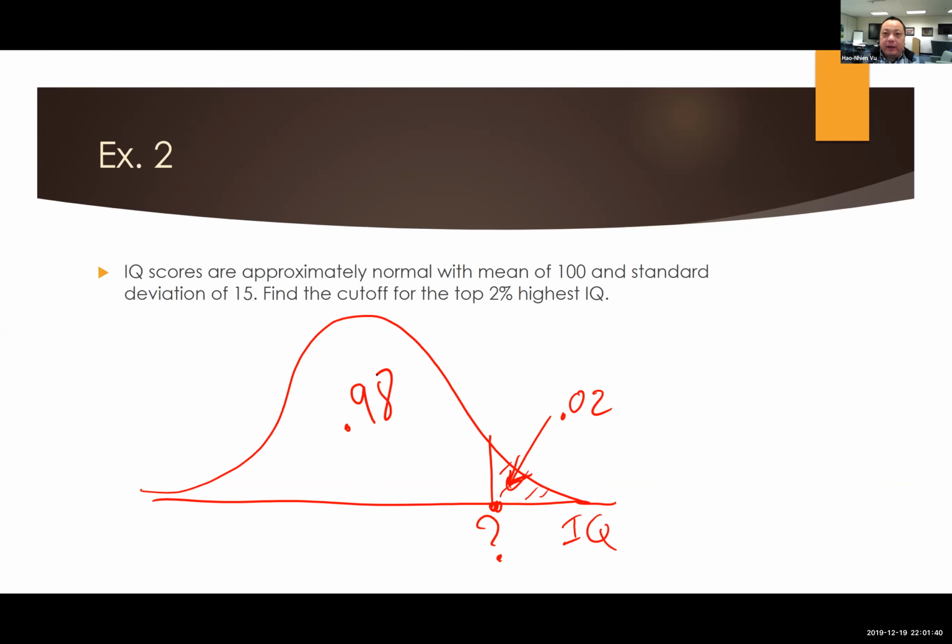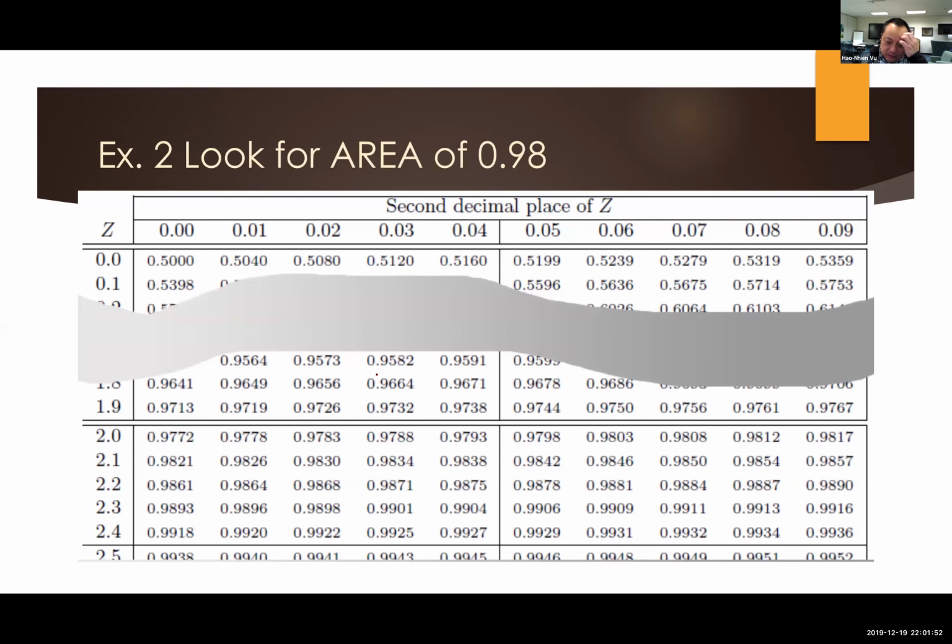So that means actually I'm going to look up the number 0.98 in the body. I'm not looking up 0.98 on the edge. Okay, the 0.98, the 98% is in the body.